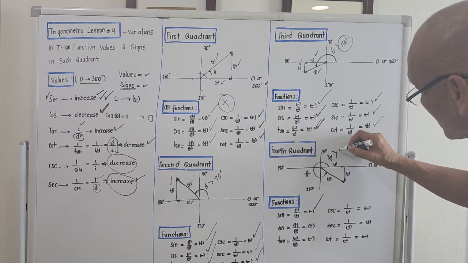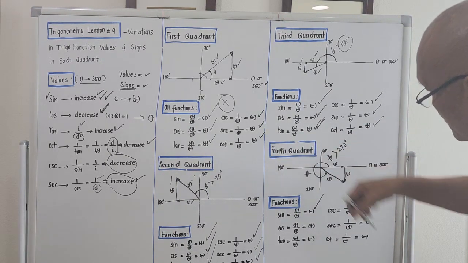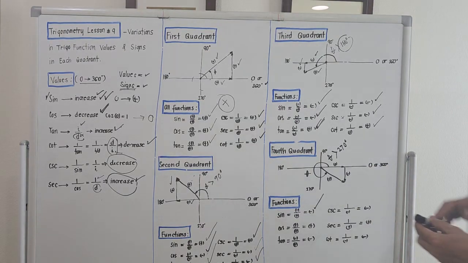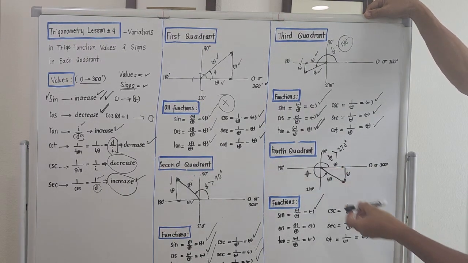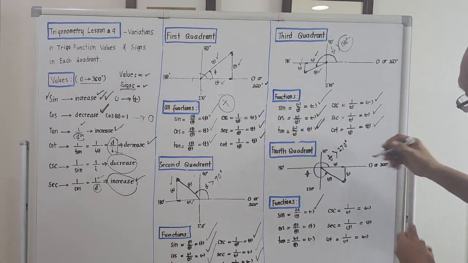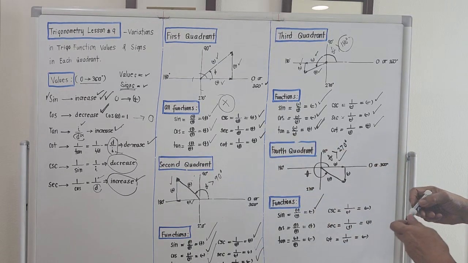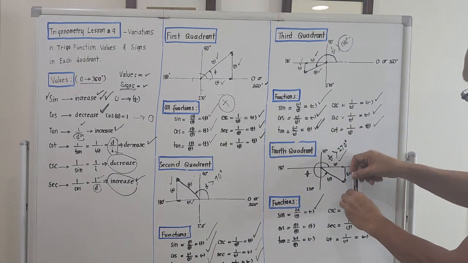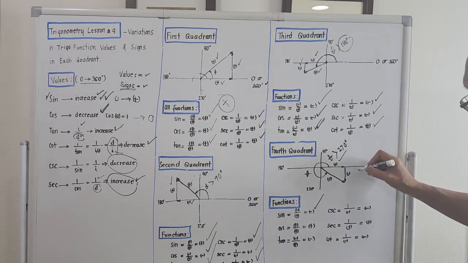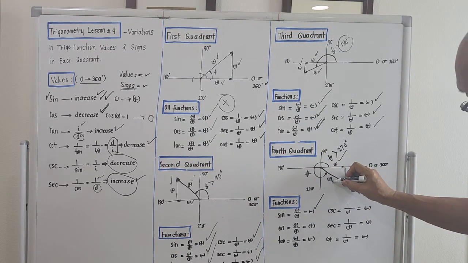So theta is actually greater than 270 degrees, and it should fall under the fourth quadrant. Okay, this will be the vector. The horizontal part will be this one. It goes to the right, so its sign will be plus. And the vertical component, it's downward. So the sign of it will be minus. Of course, the hypotenuse will be plus.